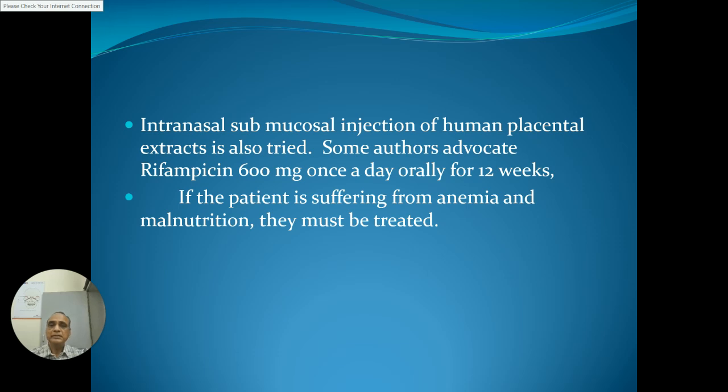Later on, intranasal submucosal injection of human placental extracts has been tried. Some authors advocate rifampicin 600 milligrams once a day for about 12 weeks, that means 3 months. If the patient is suffering from anemia and malnutrition, they must also be treated.